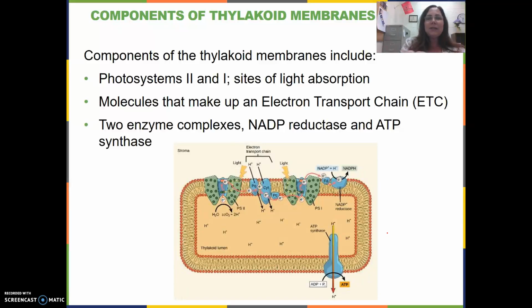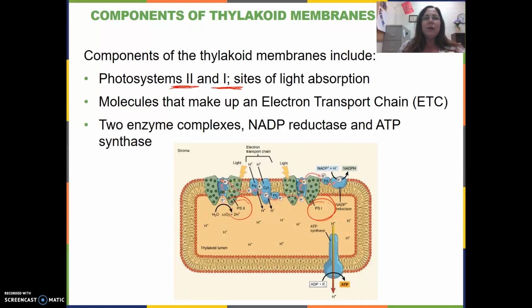In the light reactions, for one thing, we have two photosystems, and this is not a typo. They're called photosystem 2 and photosystem 1, because photosystem 2 is the one over here on the left, and photosystem 1 is on the right.